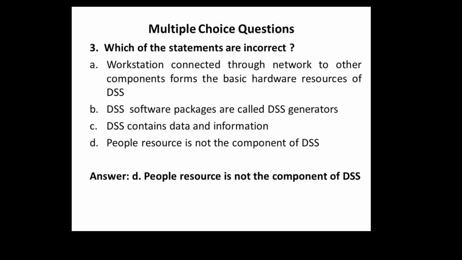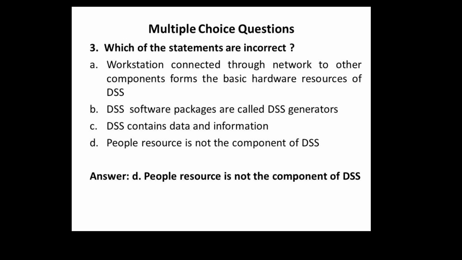Which of the statements are incorrect? Workstation connected through network to other components forms the basic hardware resources of the DSS. DSS software packages are called DSS generator. DSS contains data and information. People resource is not a component of DSS.